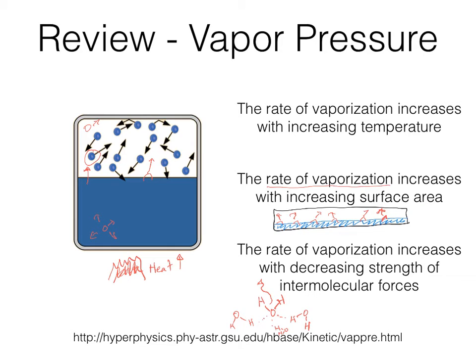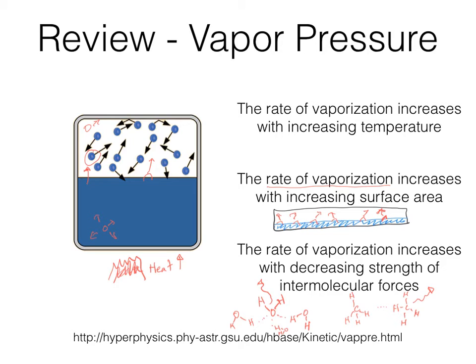Meanwhile, if we have methane, the only thing holding this methane to another methane are London dispersion forces. Those are not very strong, which means that it's not going to take much energy to get one of these methane molecules to escape out into the gas phase.